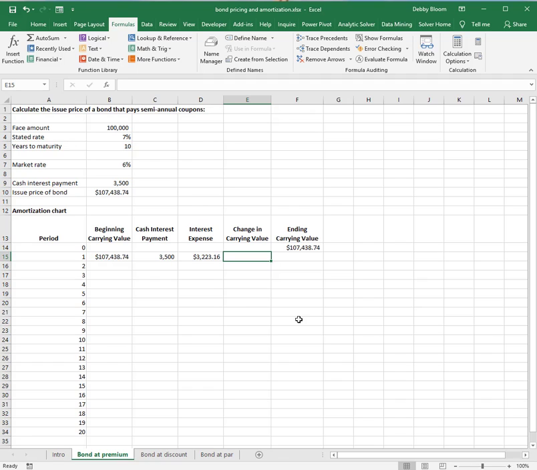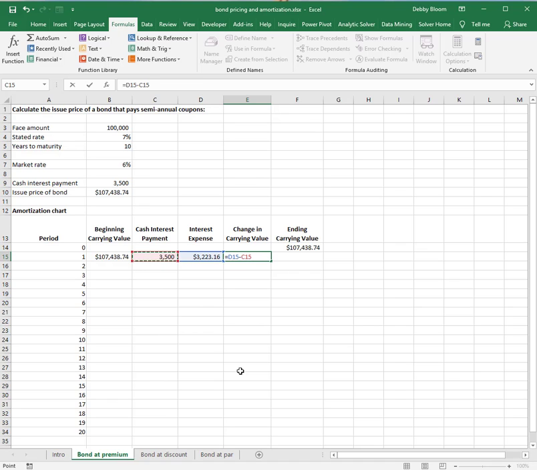Now the change in carrying value is going to be the difference between the cash interest payment and the interest expense. So what I'm going to tell Excel to do is to take the interest expense and subtract the cash interest payment. So I'm going to type an equal sign, click on cell D15, type a minus sign, click on cell C15.